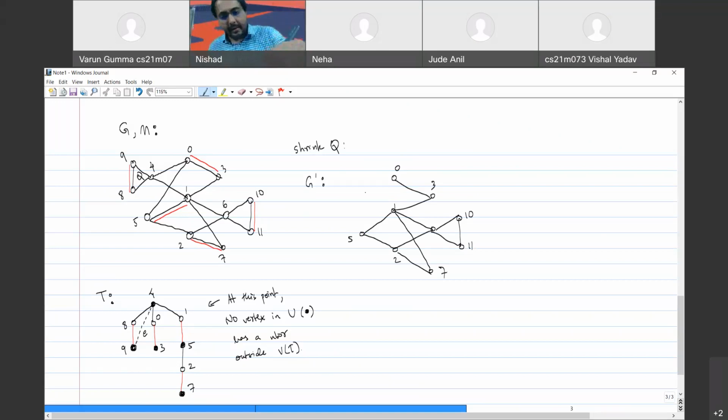Okay, and we have the little vertex Q, which has two edges going to 0 and 1. So that is our G prime.